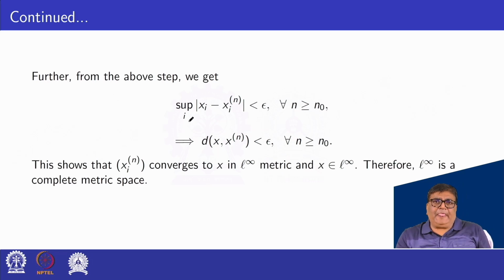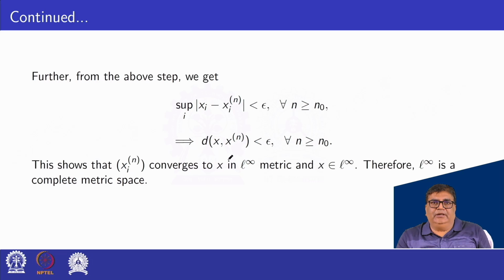Further, the supremum over i of mod x_i minus x_ni is less than epsilon. This implies that d(x, x_n) is less than epsilon, because d(x, x_n) is defined by the supremum over i of x_i minus x_ni. That is, d(x, x_n) is less than epsilon for all n greater or equal to n0.